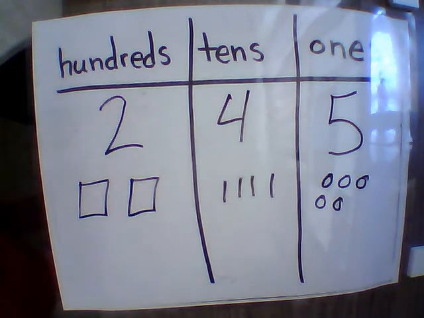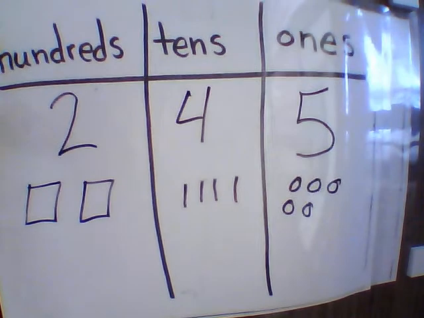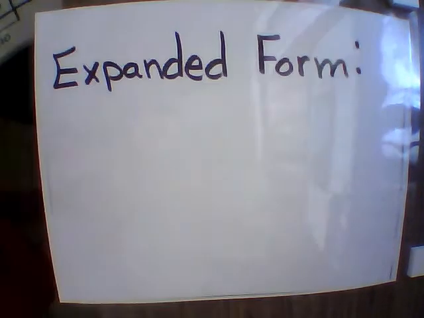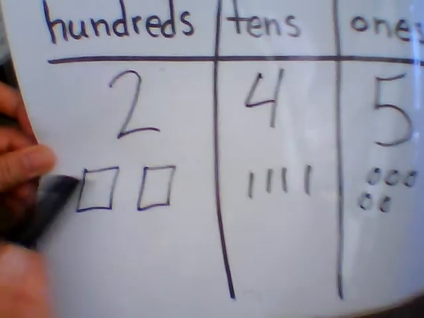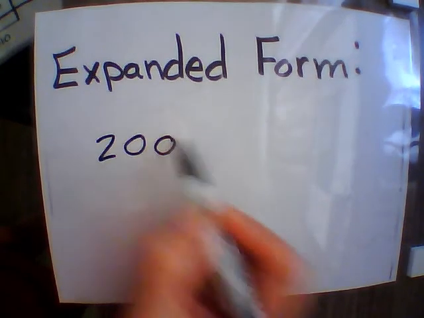Then using this chart, our hundreds, tens, and ones chart, we're going to go into our expanded form. So right now, see if you can take the number 245 and write it in expanded form. Pause the video and do that now. And so what you should have, we have 200, counting by hundreds.